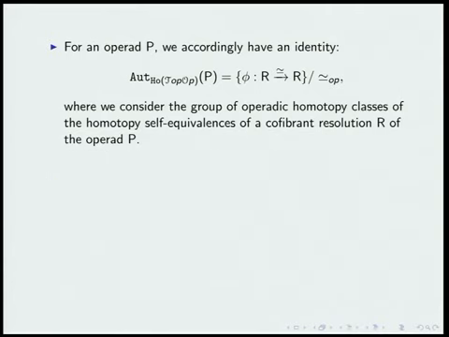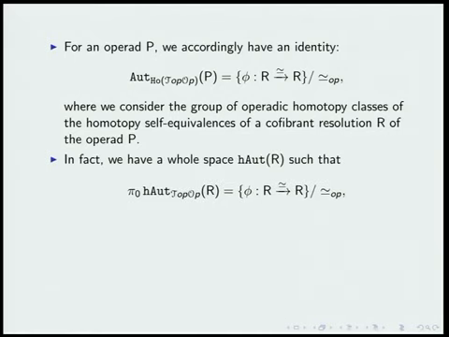So this is actually not enough for computations. This is still very hard. To do computation, you actually have to consider a whole space of homotopy automorphisms. And this group of homotopy automorphisms is identified with the group of homotopy components of this space. I'm not going to explain how I define this space. What I want to compute is this, and for that, I need to consider this space.